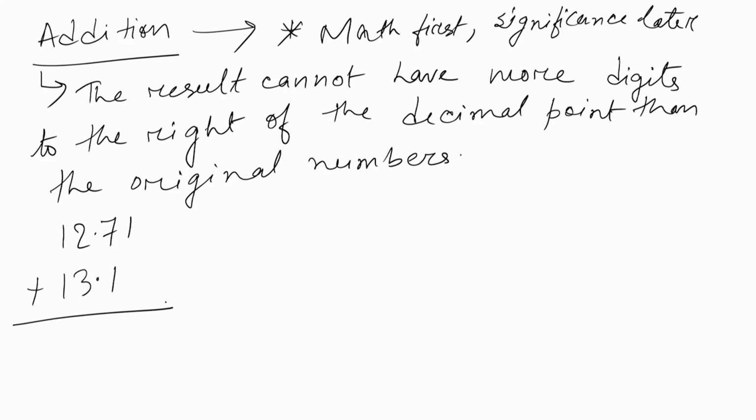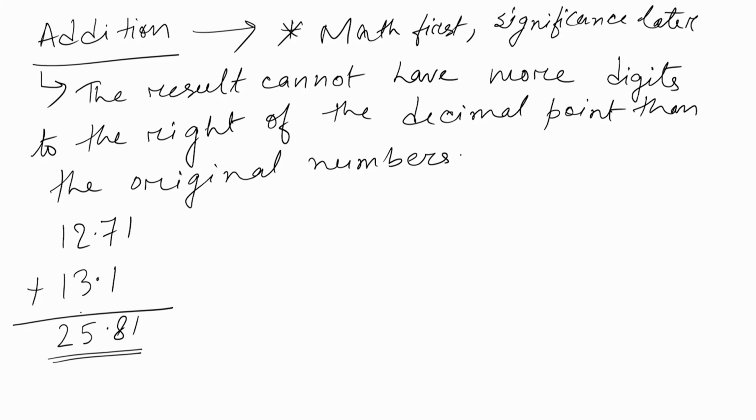Okay. So here there are 4 significant figures and here there are 3. So we will do the addition first. So we get this result. Now the rule says the result cannot have more digits to the right of the decimal point than the original numbers.